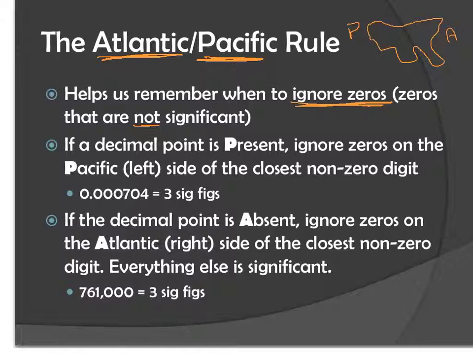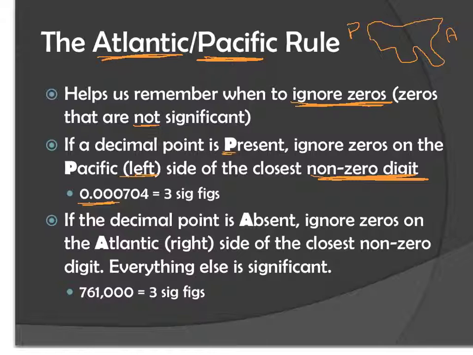If a decimal point is present, like in Pacific, think P, if it's there, you're going to ignore zeros on the Pacific side, or the left side of the closest non-zero digit. So in this case, if we look at a number like 0.000704, the decimal point is present, you're going to ignore all the zeros on the left-hand side of that number 7.